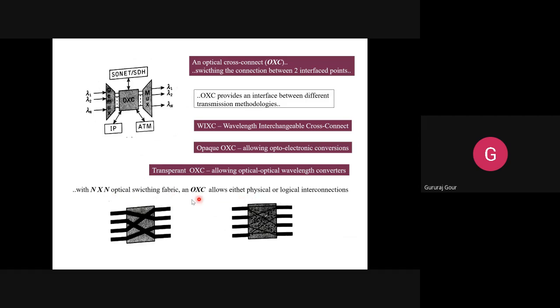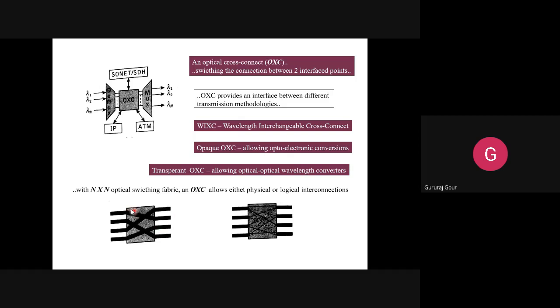With the N by N optical switching fabric, it will give you two flavors, one of them with physical connections. You can have the physical connections between input and output wavelengths, meaning incoming wavelengths after doing these operations.